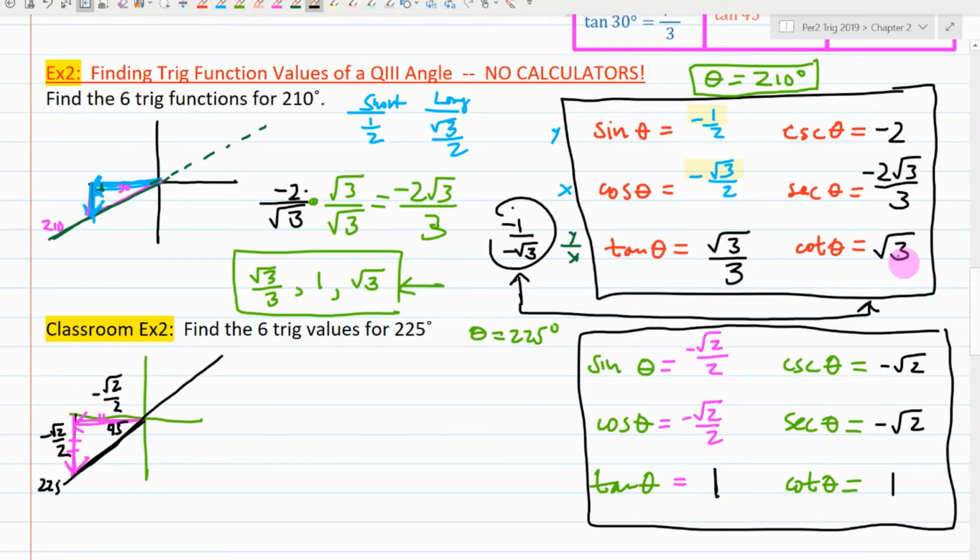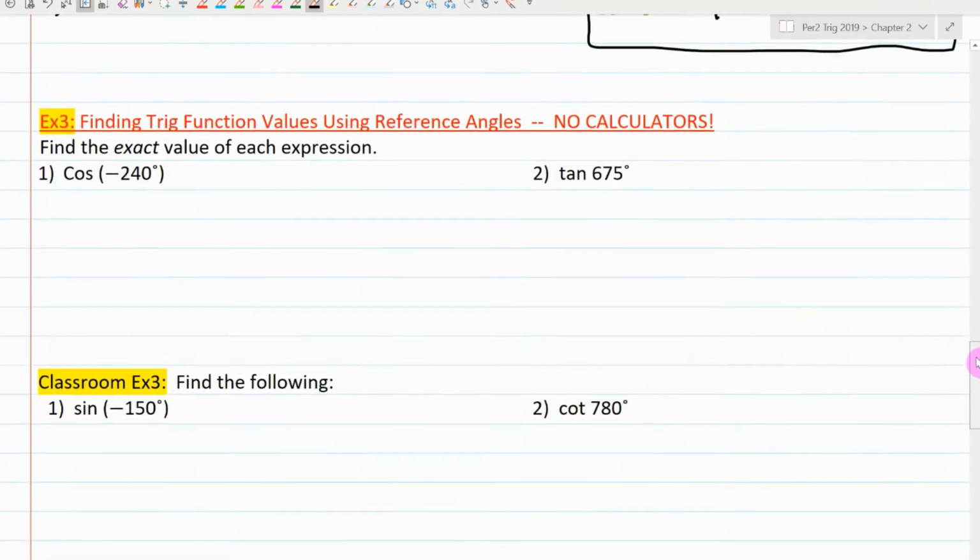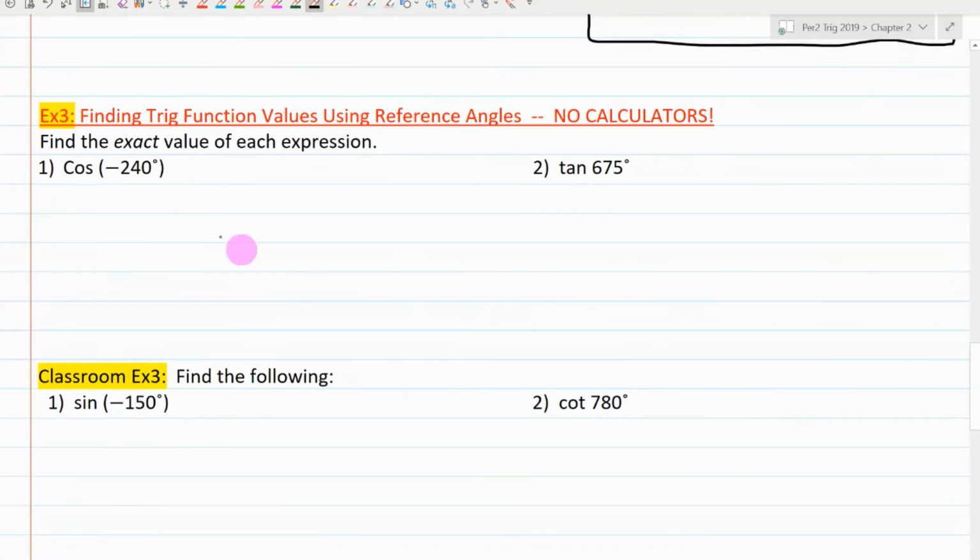All right. Next, I'll do the first two, and then you guys go ahead and try the second two and see how you do on these. All right. So I don't like to do negatives, so I'm just going to go ahead and add 360 to get a positive angle. So this would be cosine of 120.